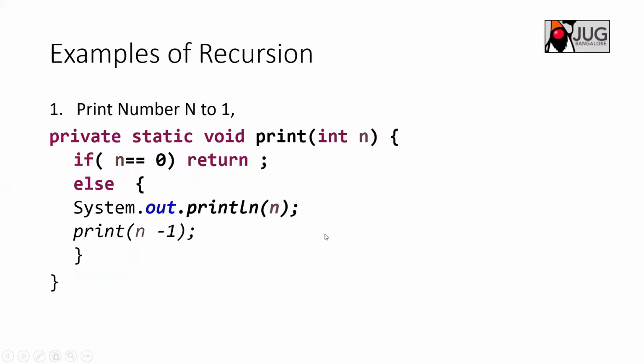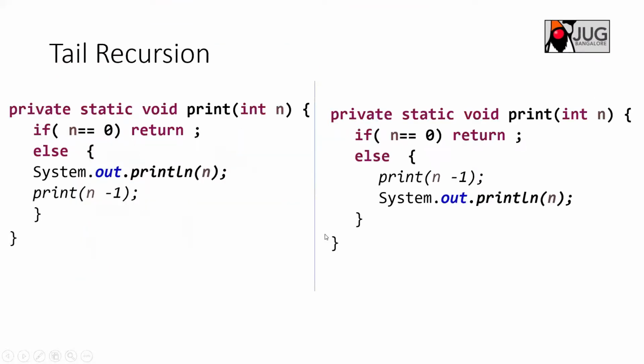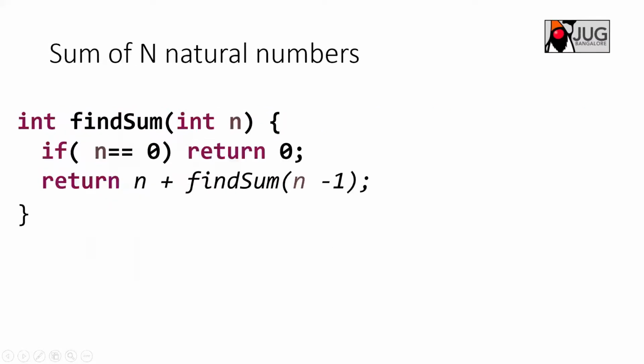Let me go to the next problem with some return type. Finding the sum of n natural numbers. Let's see this example. You are given a number like 10, and you need to find the sum of the first n natural numbers, from 1 to 10. What is the sum? Basically you are computing 1 plus 2 plus 3 plus 4 plus 5 till 10.